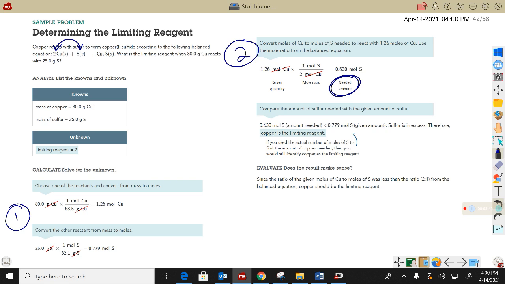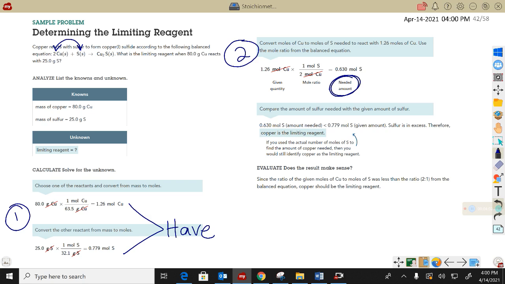Well, then you compare that to what you have. These amounts right here are the amounts that I have. I was given 80 grams and 25 grams, and I just switched them into moles. That's what I have. What you calculate is what you need.